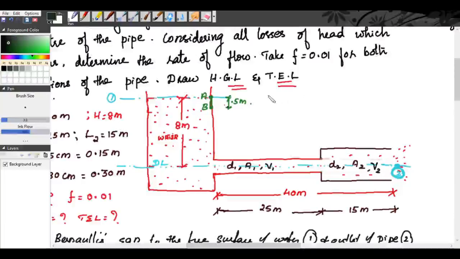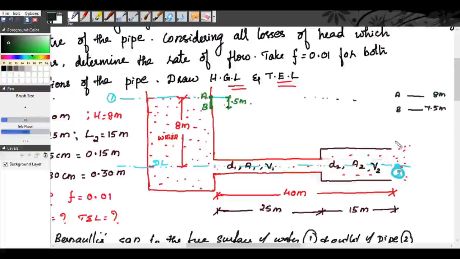So here we will draw a horizontal line. See, from the datum line, the point A is 8 meter. Then we have point B. This point B is at a distance of 7.5 meter. Then you subtract, you get 7.5 minus 6.73.